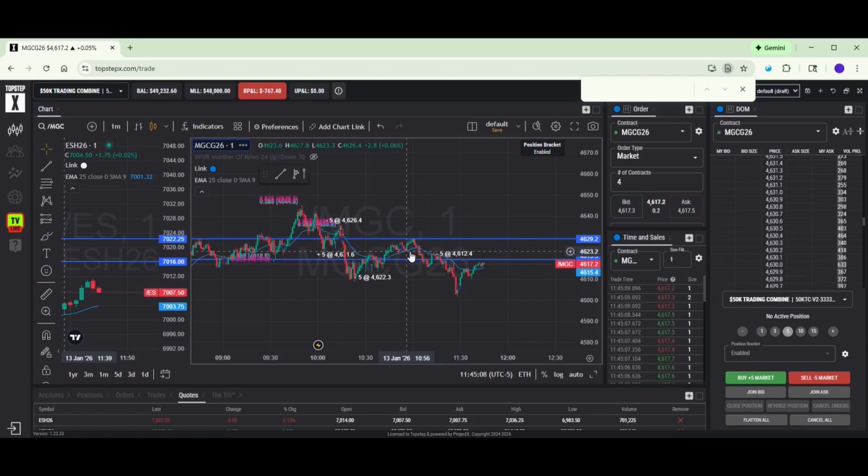So if I took a trade based on us going back below this 50% retracement area, that would have been a winning trade.